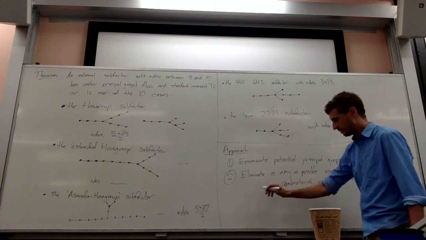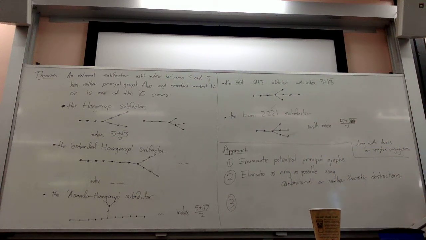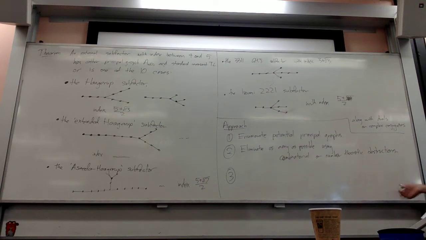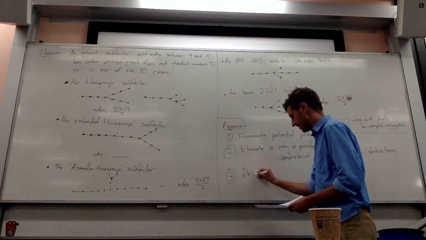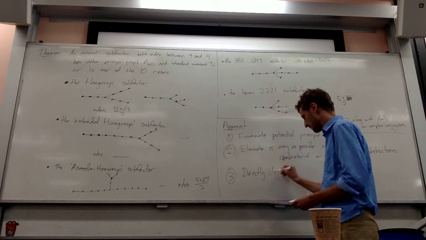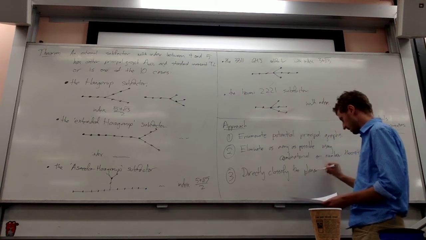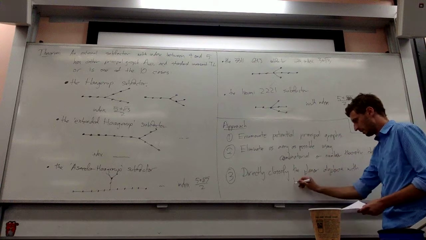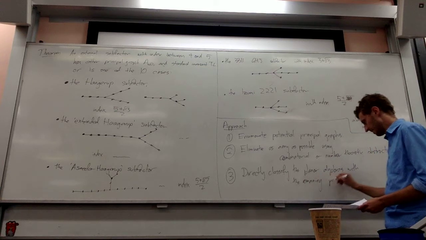And then finally, when we've run out of ideas on how to eliminate any more graphs, we decide, well, maybe these things really are the graphs of subfactors that exist, and we go and directly somehow classify the planar algebras with the remaining principal graphs.